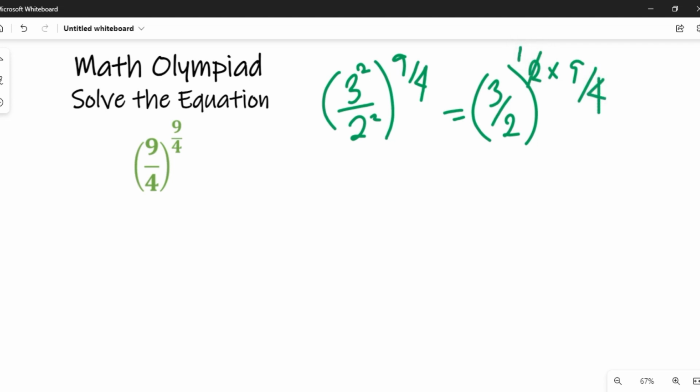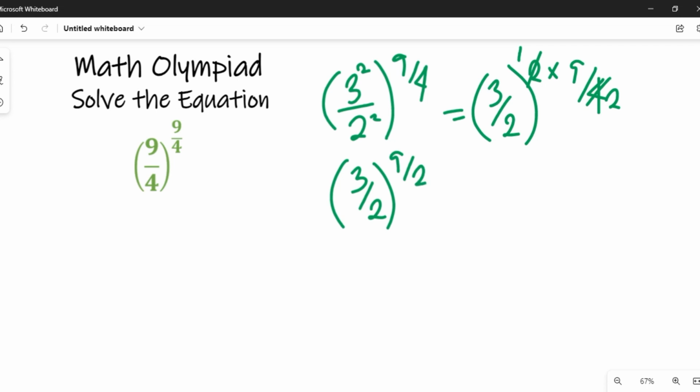The 2 here gives us 1 and the other 2 gives us 2. So that equation now gives us (3/2) raised to power 9/2.